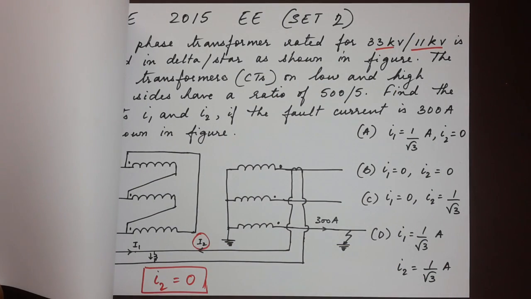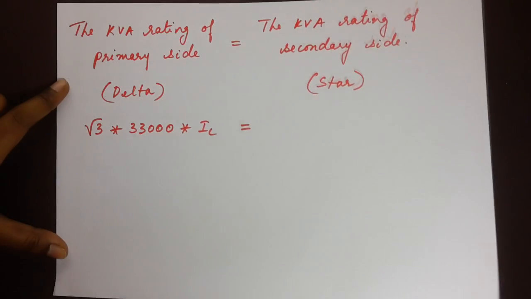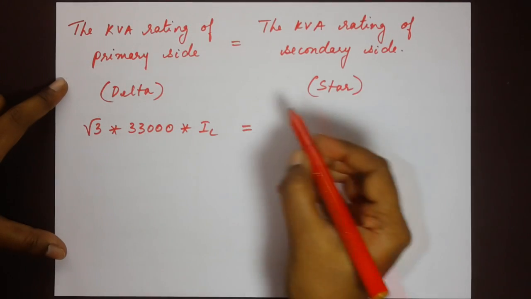take a look at the star side here. We have the current as 300 amps, that's the fault current. And we also have the current transformer ratio given to us as 500 by 5. And note that it has been written, its low and high voltage sides are given as 500 by 5. So we have to keep that in mind too.